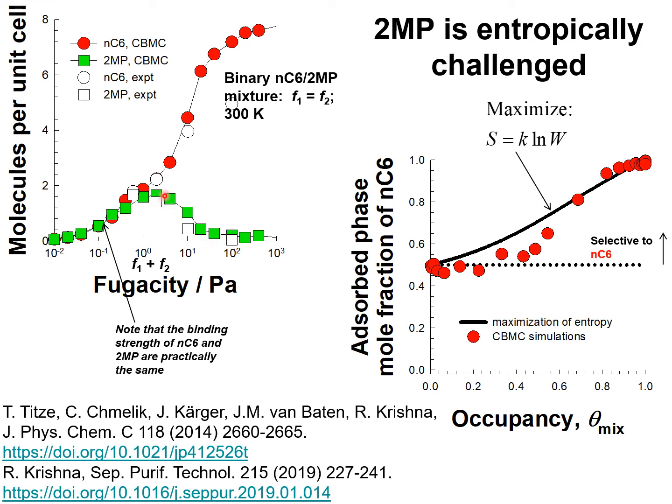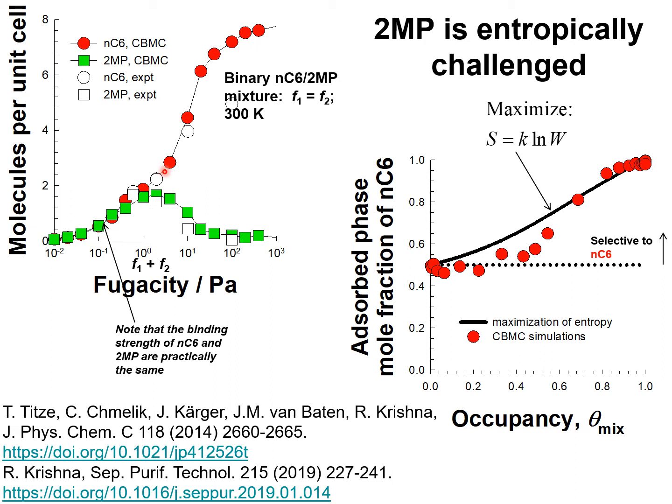Due to the configurational penalty experienced by 2-methylpentane that can only locate at the intersections, the component loadings progressively decrease as post-saturation is approached. Indeed, at post-saturation, the MFI framework is almost exclusively occupied by the linear isomer.